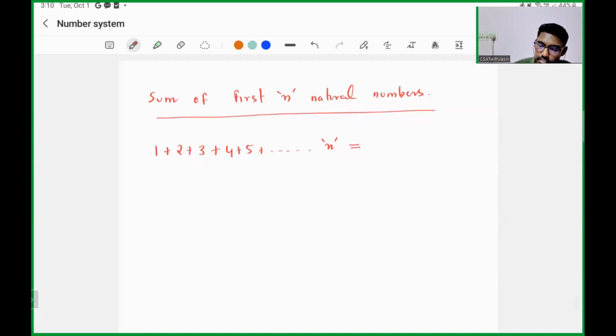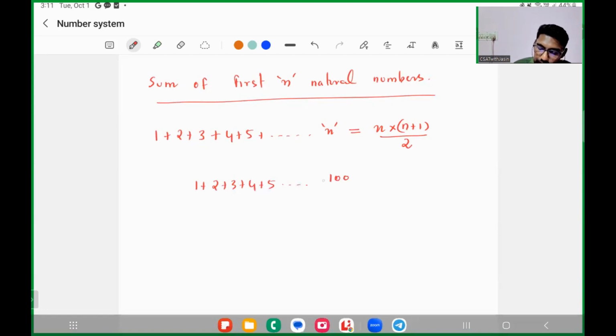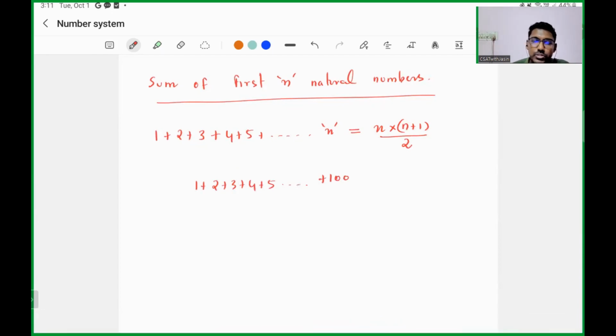Some of you might be knowing, it is n into n plus 1 by 2. For example, if I am adding 1 plus 2 plus 3 plus 4 and so on till 100, what is the sum?